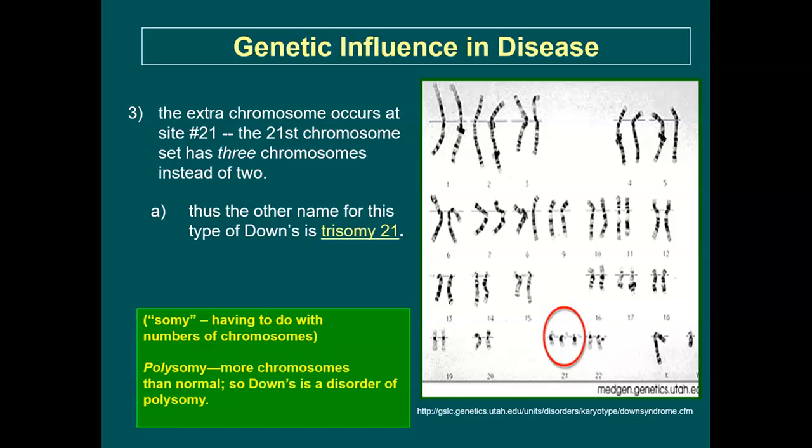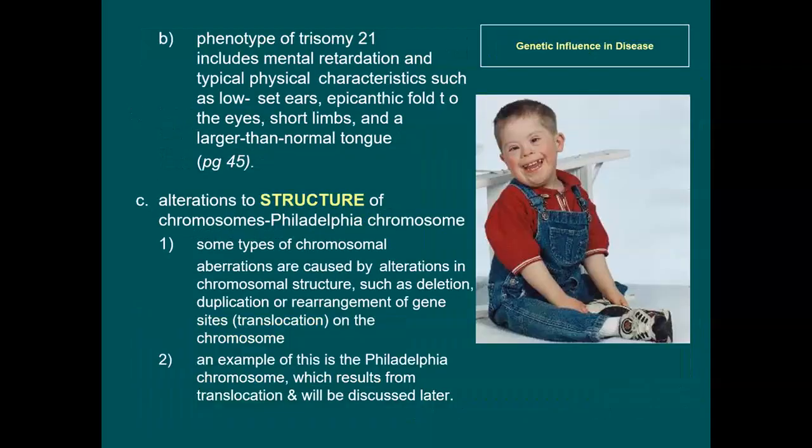So Down syndrome is commonly known as trisomy 21. Now, the phenotype, or the characteristics that can be seen, vary greatly from child to child. And with trisomy 21 or Down syndrome, there is usually some kind of mental retardation. Again, it varies greatly from mild to marked retardation.